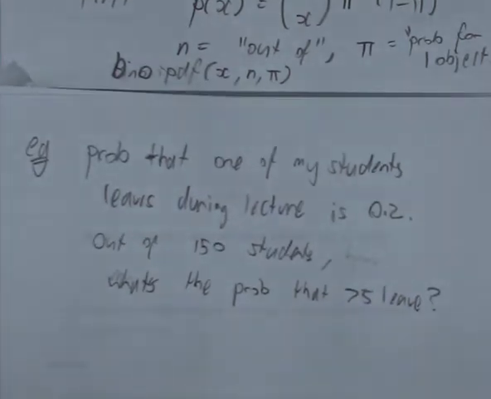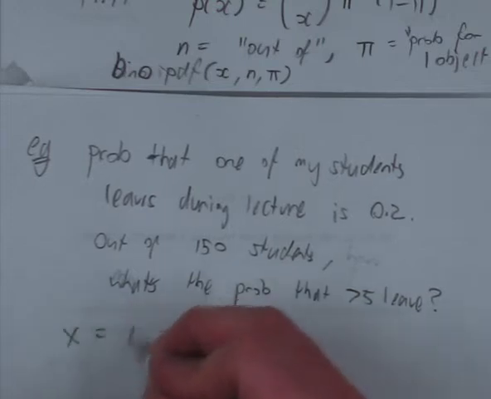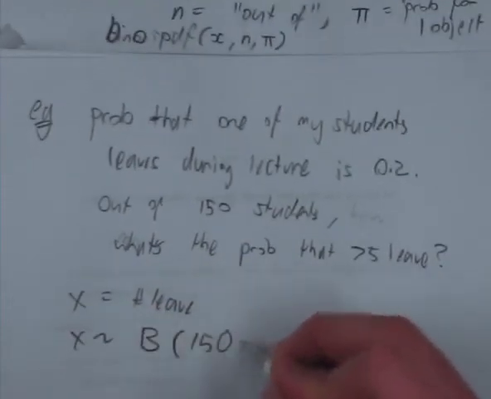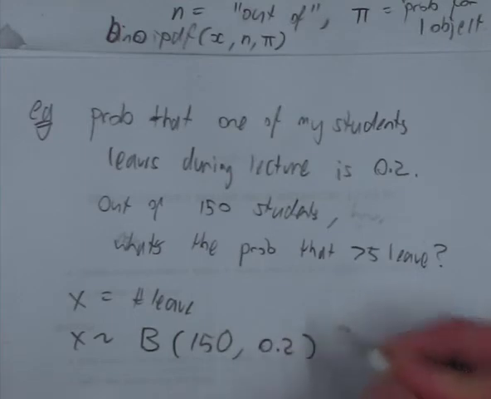So we know it's a binomial situation because I've got 150 students and I'm counting how many of them are in a certain category, I'm counting how many of them leave, and I know that's binomial. So I've got, if x is the number that leave, x is distributed as a binomial with 150 and a probability of 0.2.